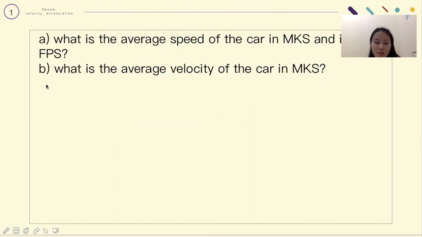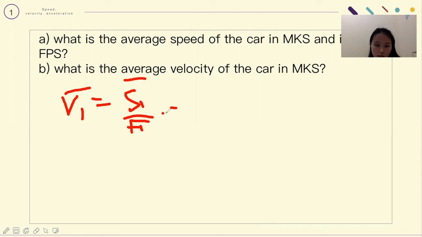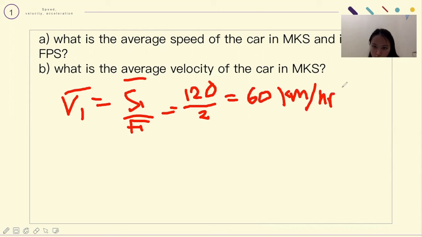And now let's answer question B. What is the average velocity of the car in MKS? To find this, you need to use this formula. S1 is 120 and t1 is 2. We divide 120 by 2, and it is equal to 60 km per hour north.